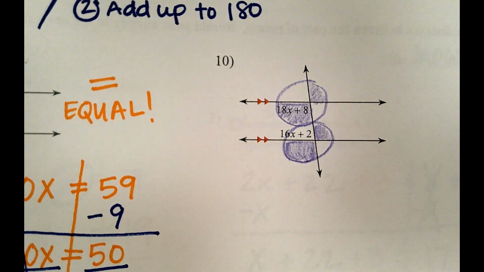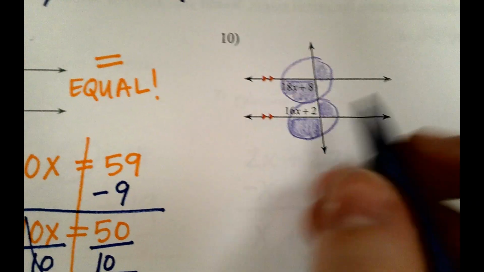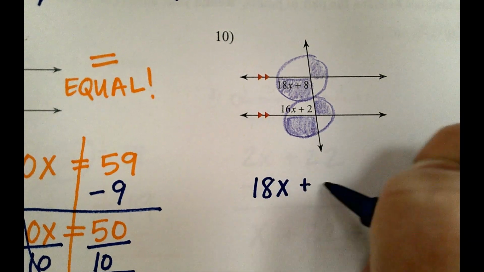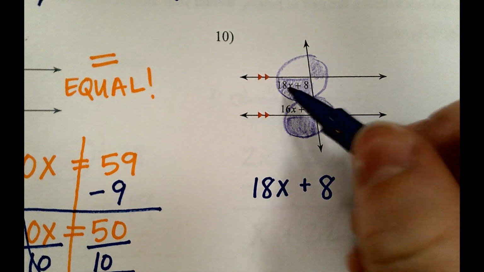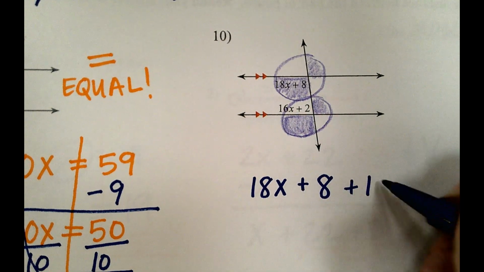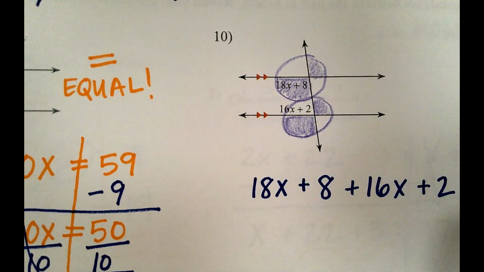So what equation will I write? You can do 18x plus 8 plus 16x plus 2 equals 180. Perfect. We'll do 18x plus 8 plus 16x plus 2 equals 180.